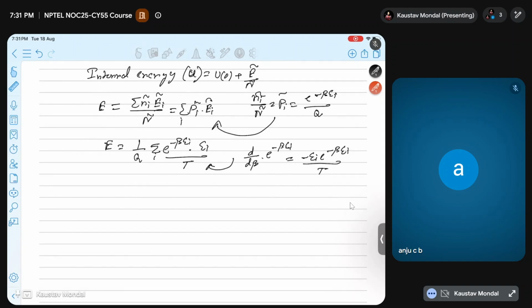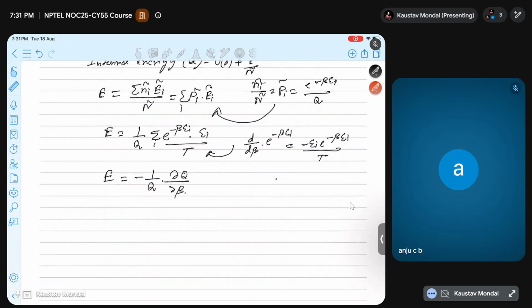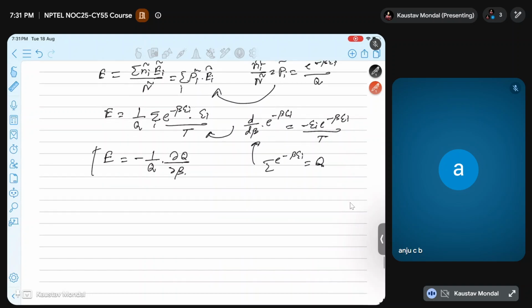So E will become minus 1 by Q del Q by del beta, because the summation of e to the power beta E is nothing but Q, right? So we can write it like this. So this is the average energy of each of the members inside the ensemble.